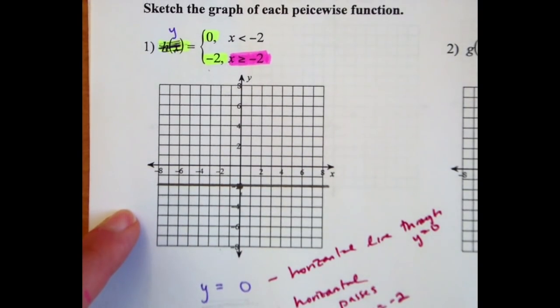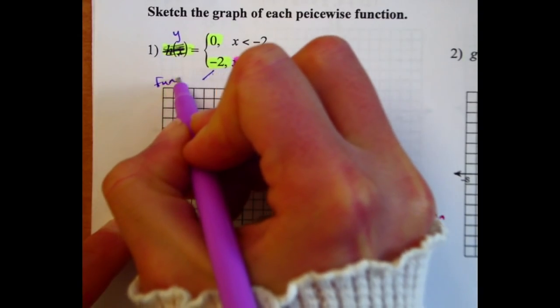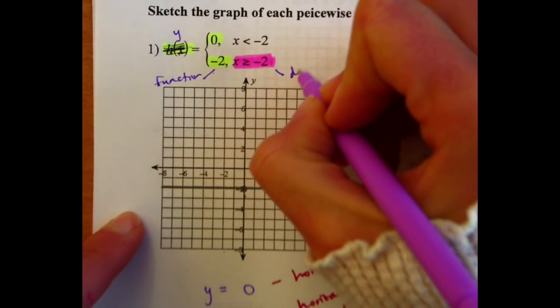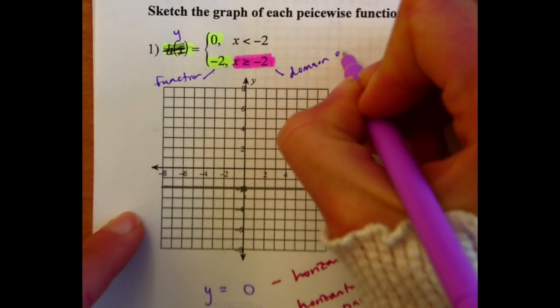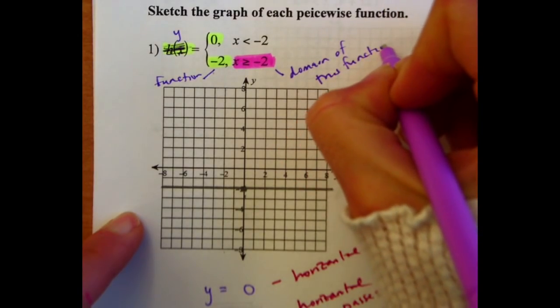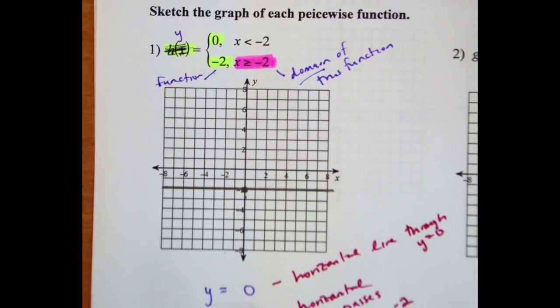So this yellow part is my function. This pink part, you can think of as the domain of this function. And we know domain refers to x values, right? So that makes sense.